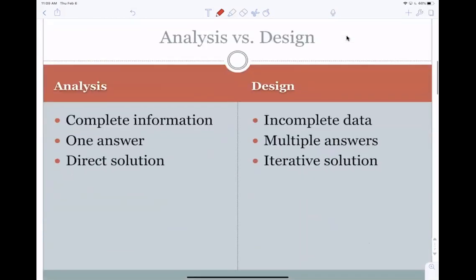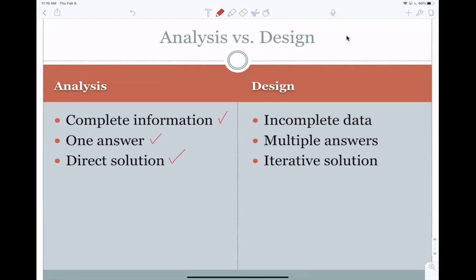Before we dive into that, I want to compare analysis versus design. So in analysis, you have all the information given. There's one answer, and the solution is very straightforward. You can even make a little step-by-step procedure. In contrast to this, in design, you don't have all the data, and that's why you're designing.